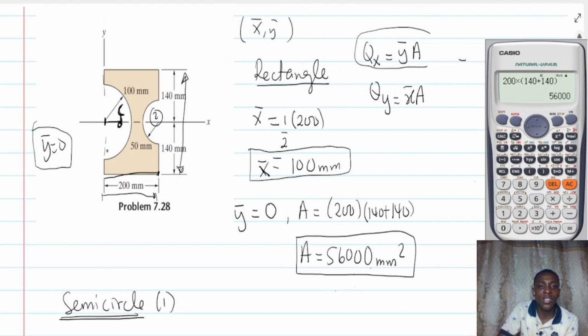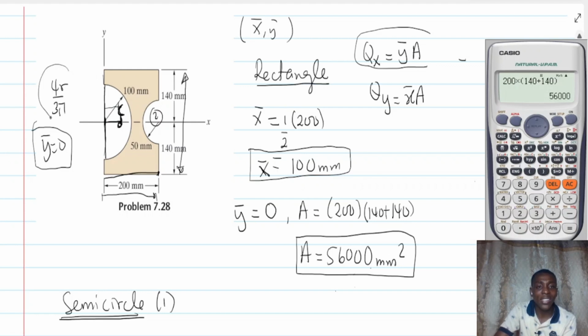Let's call it some c. For a semicircle, that distance is given by a formula which is 4r divided by 3 pi.